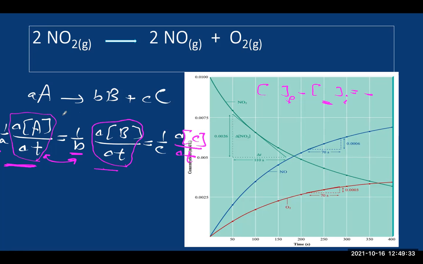So for A, which is the reactant, we should add a negative sign here, so the total value will be positive. The rate of any substance will be a positive value. For the reactant, it gives a negative value because they are decreasing, so you should add a negative sign.